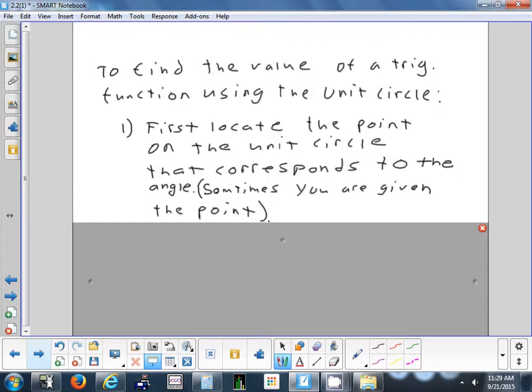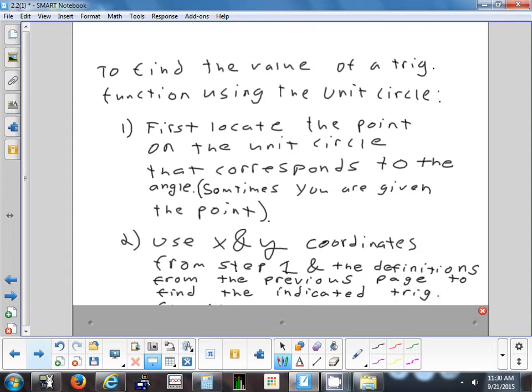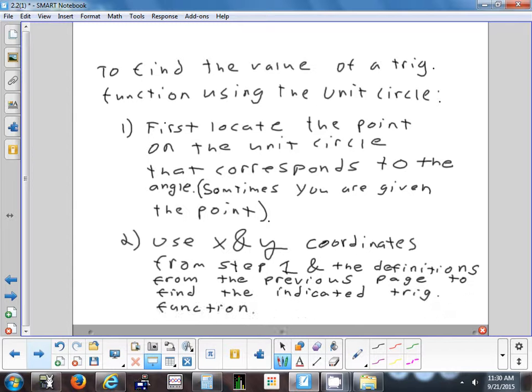Only those 4. Okay, after you find that point, then you're going to know your x value. You're going to know your y value. Plug in your x and y value into the definitions we just had on the other page to find whatever trig function they're looking for.